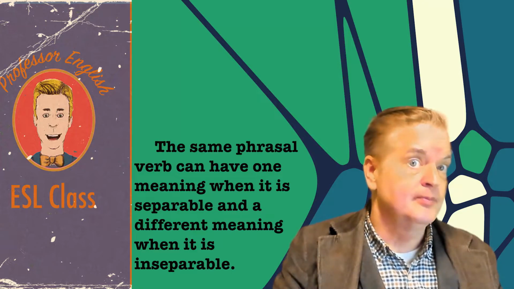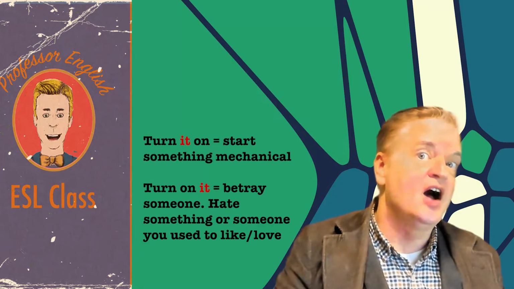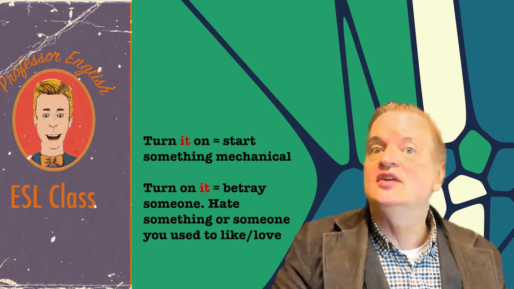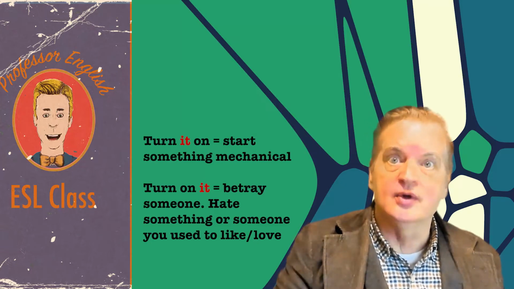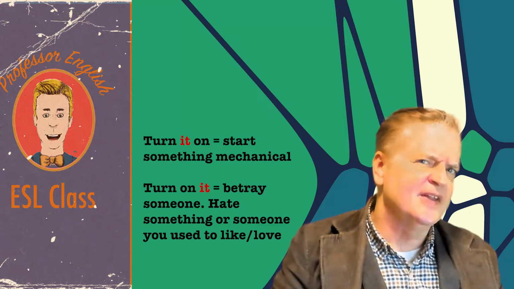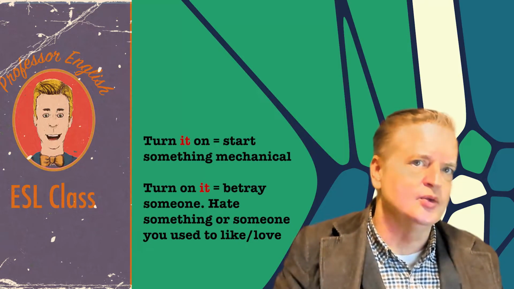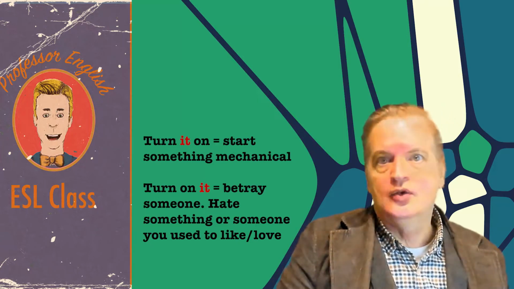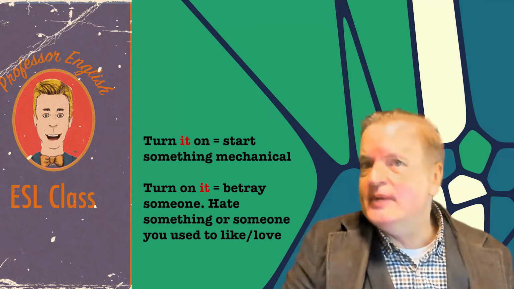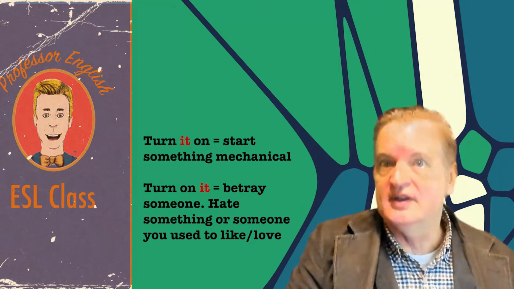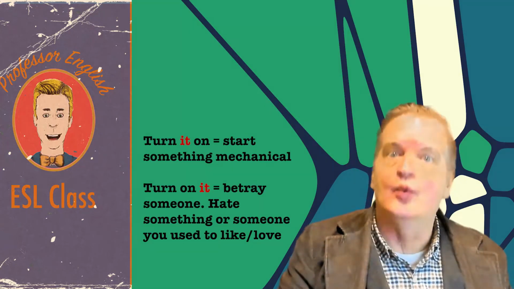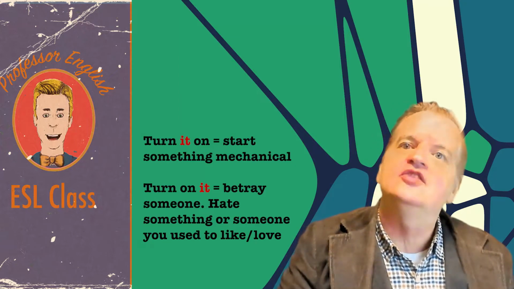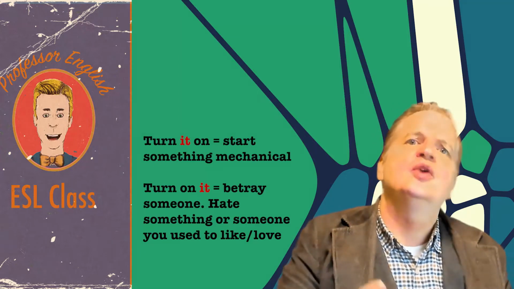Here's an example. If we say turn it on, it clearly means something like starting a computer, a radio, or something that requires power to be used. If we say turn on it, it means something completely different. It means to betray someone. It means to change from like or love to hate.